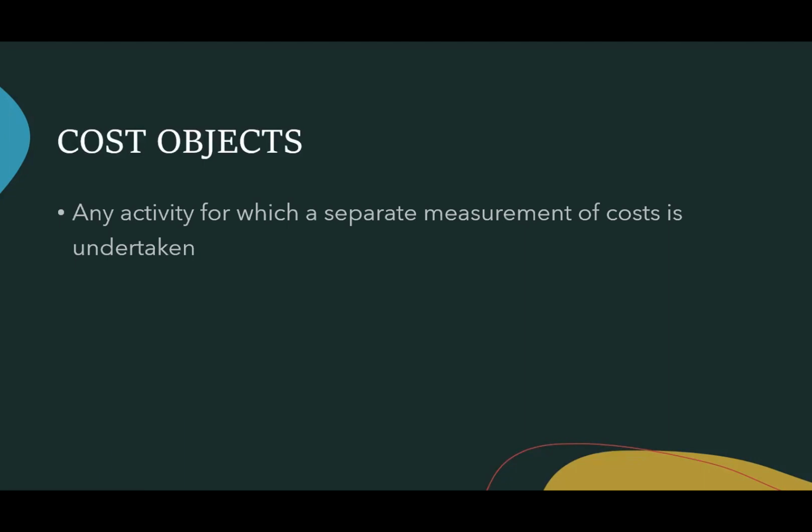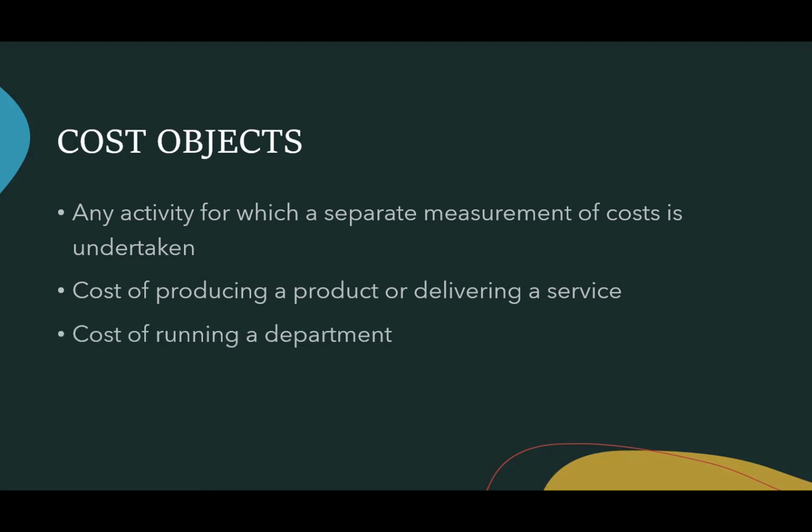Now, what are cost objects? Any activity for which a separate measurement of cost is undertaken. So, for example, the cost of producing a product, the cost of making a cake, the cost of giving you a lecture, these are all cost objects for which we calculate how much cost is being incurred.